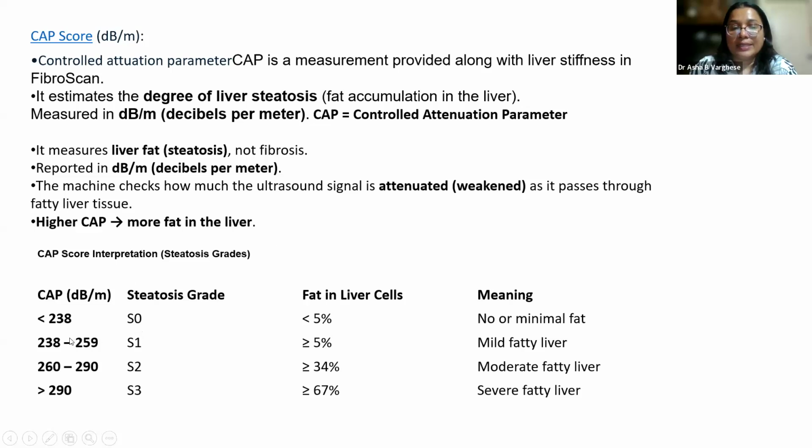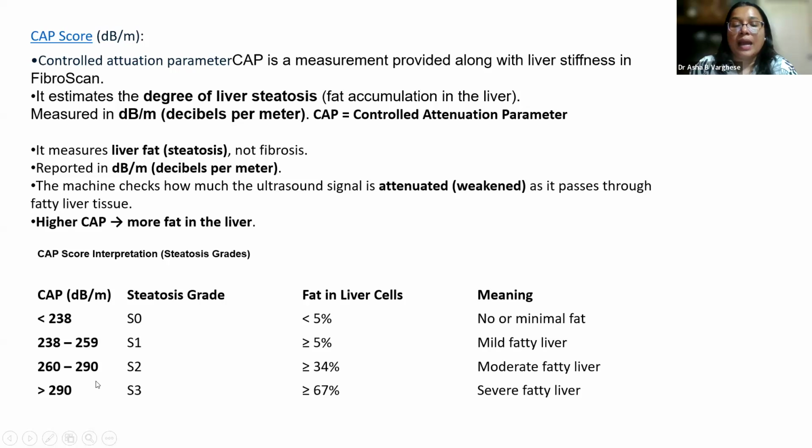Now we will look at the readings. Less than 238 CAP score is S0, less than 5% fat in the liver, meaning no or minimal fat. There is very little fat in your liver. 238 to 259 is S1 grade, which is 5% or more: mild fatty liver.